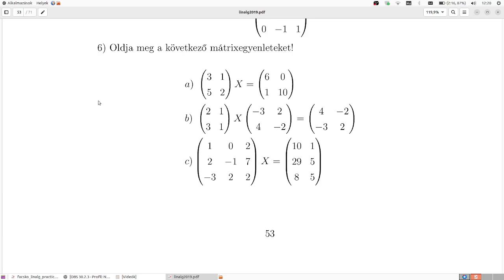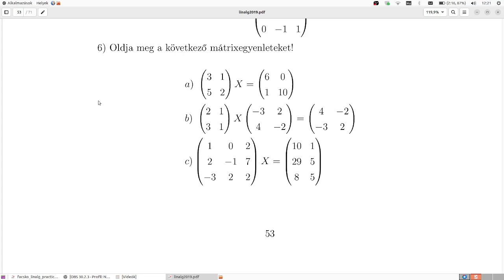So now what we have is the inverted A. Okay, so we have the inverted A. That's great.